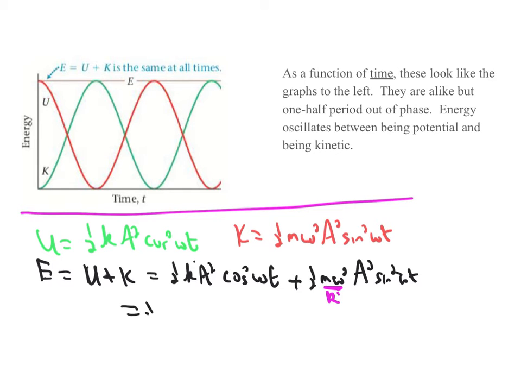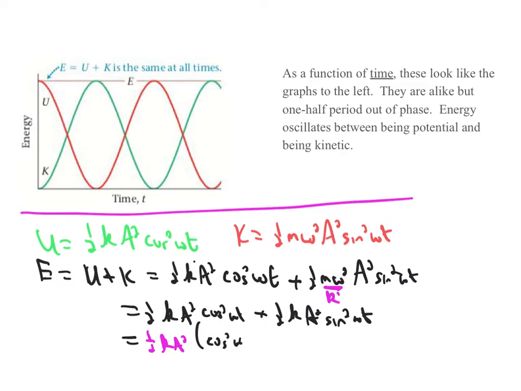So this is actually 1 half k A squared cosine squared omega t plus 1 half k A squared sine squared omega t. We can factor out everything that's not a trig function, and we get 1 half k A squared, and then we have cosine squared omega t plus sine squared omega t. But way back from trig, we know that cosine squared plus sine squared for the same angle is always just 1. And so we end up that the total energy is, as said before, 1 half k A squared, and it is conserved.